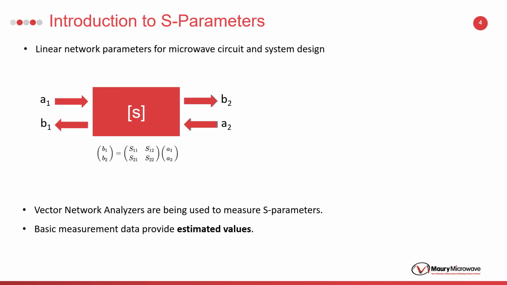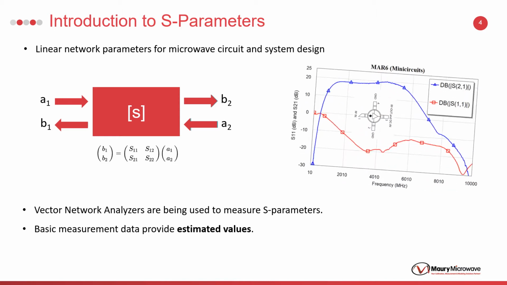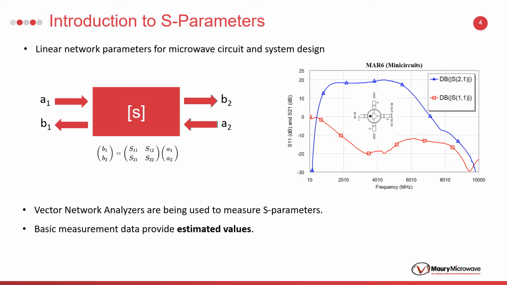Vector network analyzers or VNAs are used to measure S parameters, and they need to be calibrated. Basic measurement data provided by the VNA are estimated S parameter values, as is the case with every measurement.